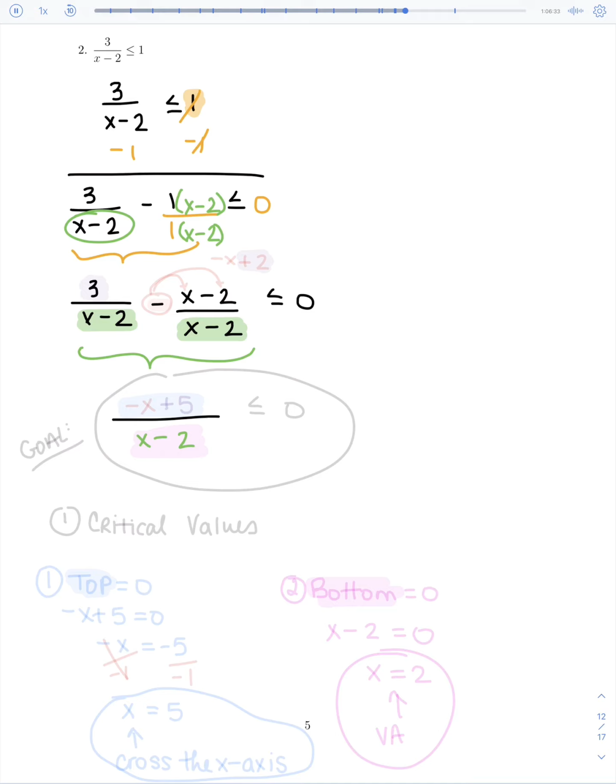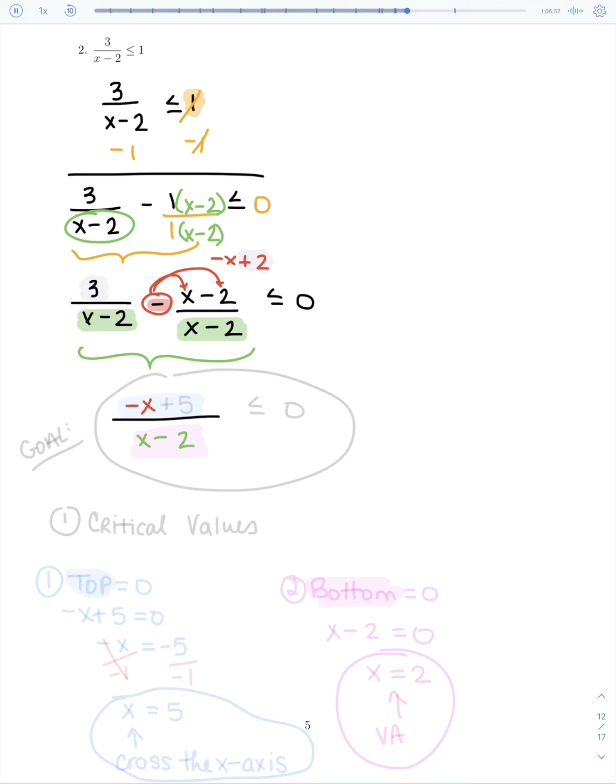However, this is something subtle that's easily going to throw off a problem if you don't catch it: there's a negative sign out in front of your fraction, which means I'm going to have to distribute that negative to both the x and the 2, which will give me negative x and a plus 2. So when I add these two fractions, I'll still have my negative x.